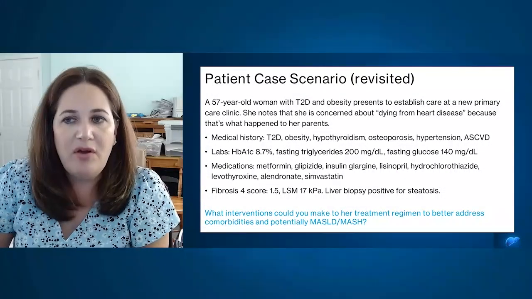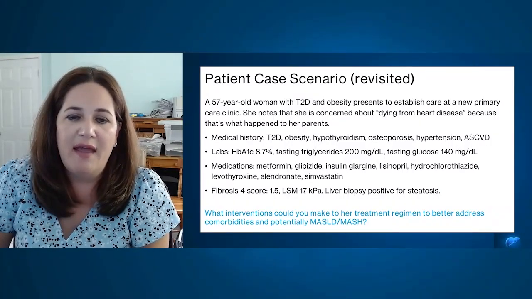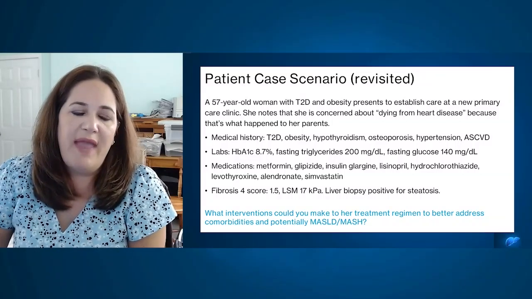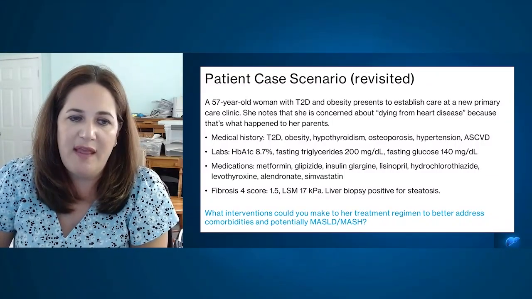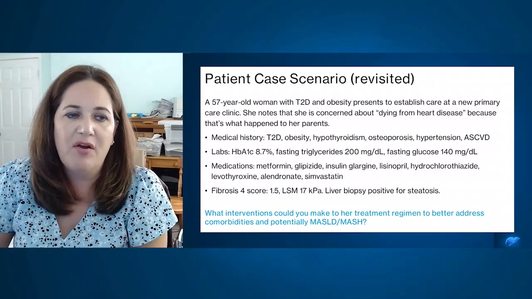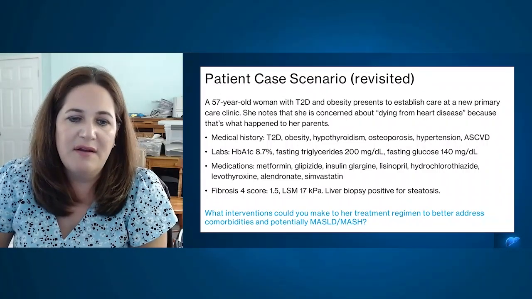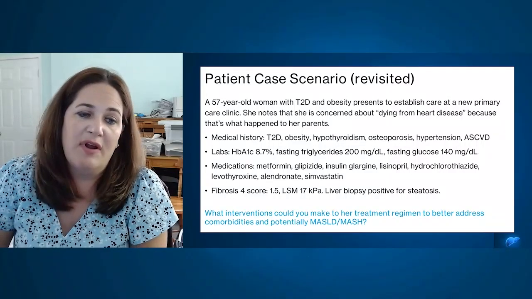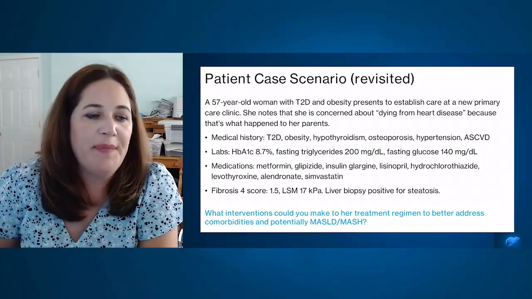And her fasting glucose should be closer to 90 to 100, and that is high and out of control. So we have a few things here that we probably should think about addressing: addressing her diabetes medication, addressing her statin, seeing if a second agent or if there's room to increase the one agent would be beneficial.